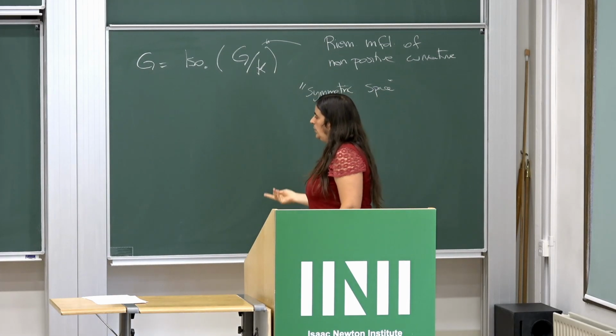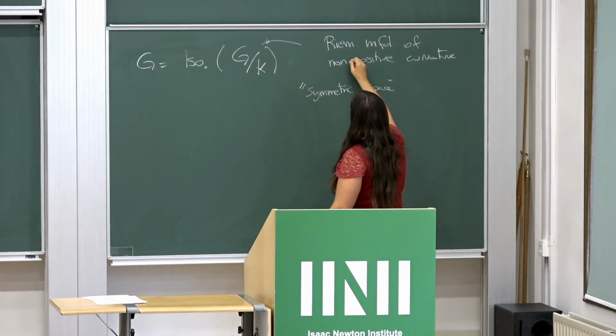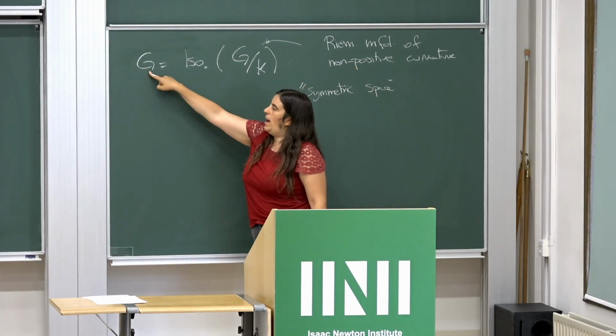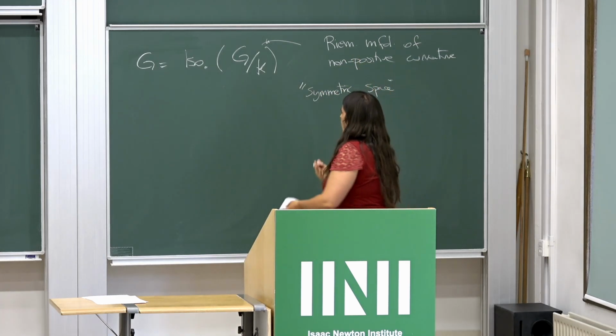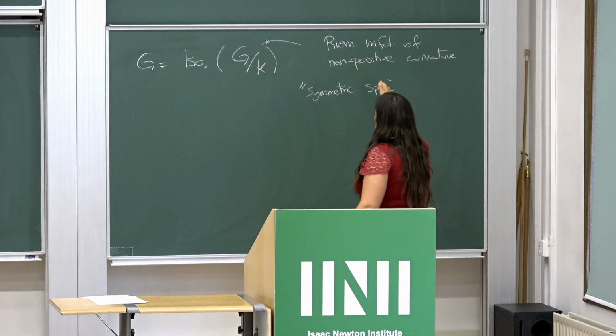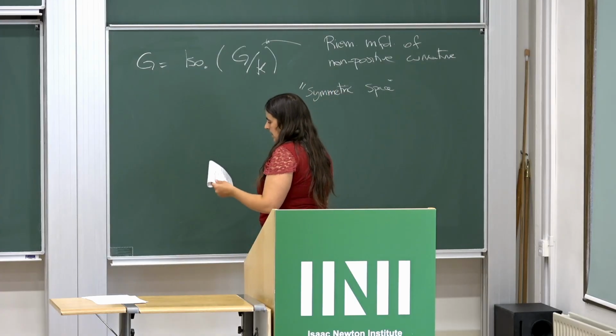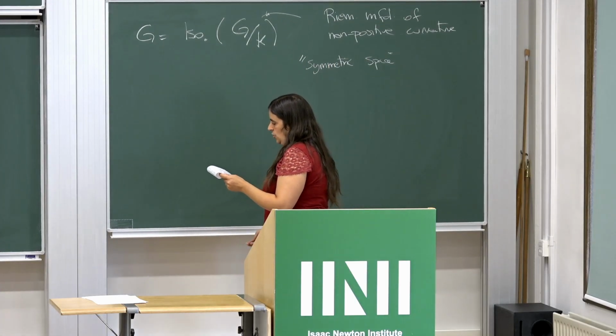Which is beautiful because it's non-positively curved, but there's a very big group acting. It acts transitively and more than transitively. And there's a very intricate geometry that mixes flat and hyperbolic features in general.